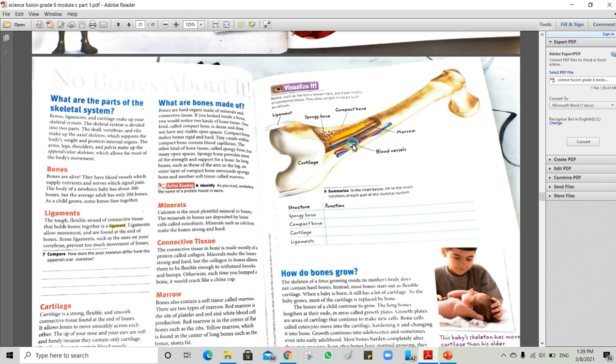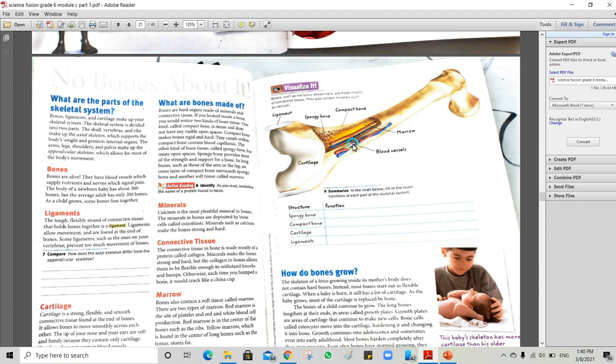So, I get it now. What is next? The second reason is the presence of nerves. So bones are alive because of two things: the presence of blood vessels, and the second reason, the presence of nerves.